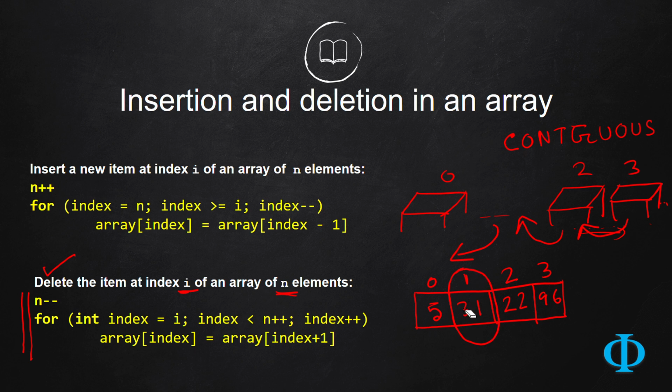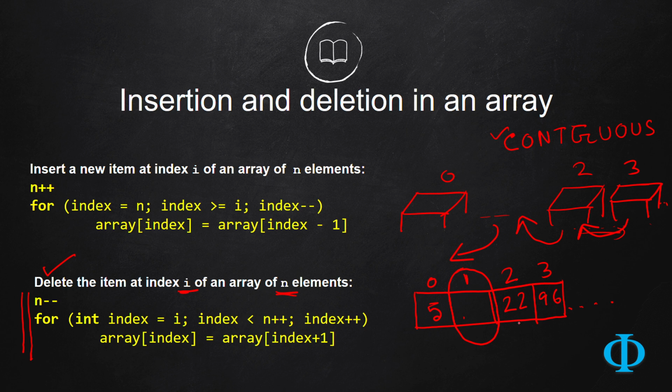If I just delete it like this, an empty space is created. So, in order to guarantee this contiguous occupying of the elements, I have to start left shifting all the elements in this direction.